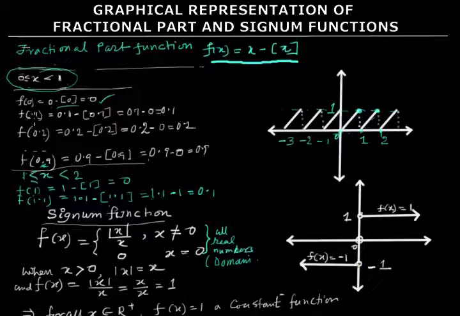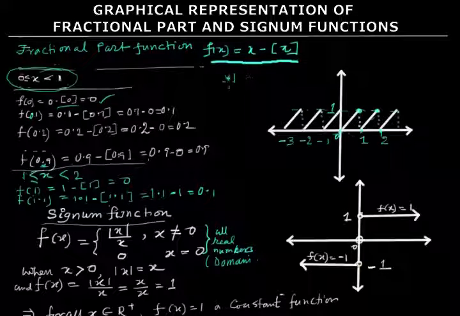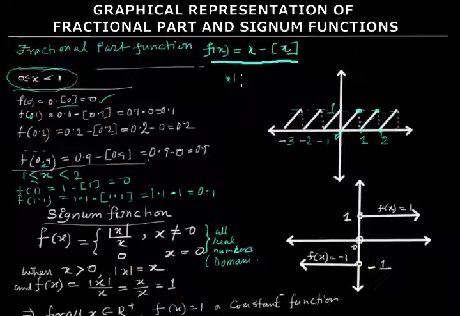Next, if x is 0.1, then 0.1 minus [0.1]. The greatest integer of 0.1 is 0, so 0.1 minus 0 is 0.1.